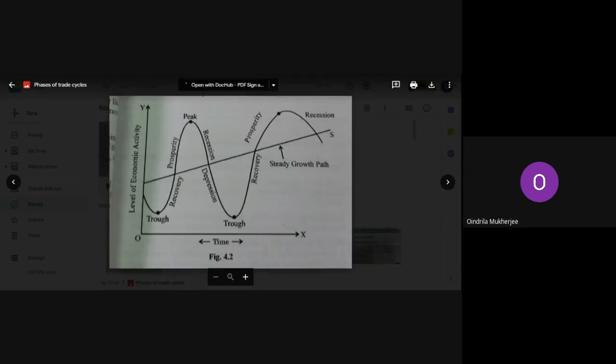Complete it, label it properly, just like how it is being shown.